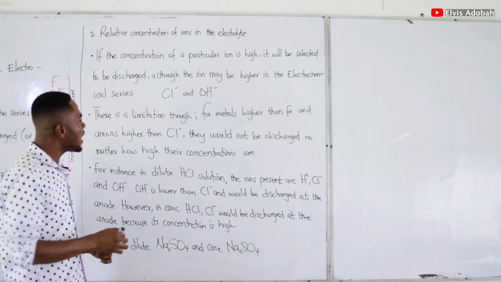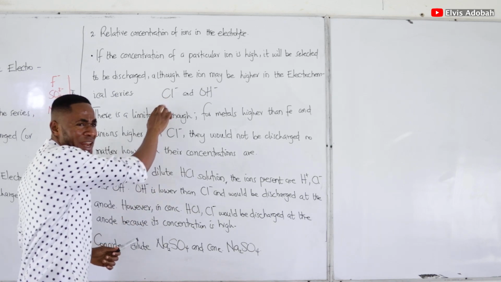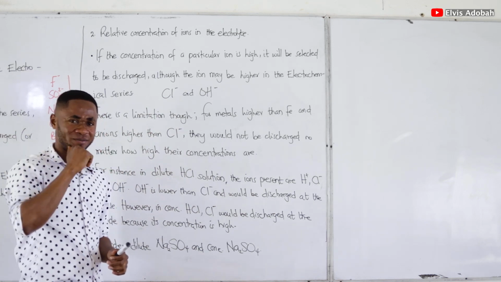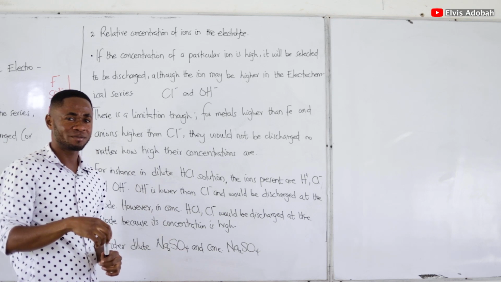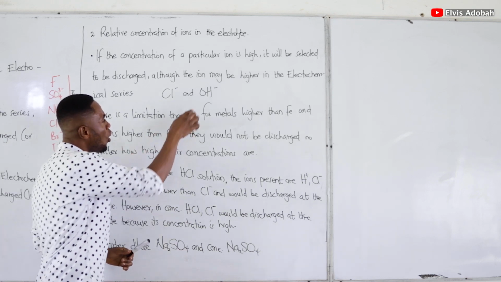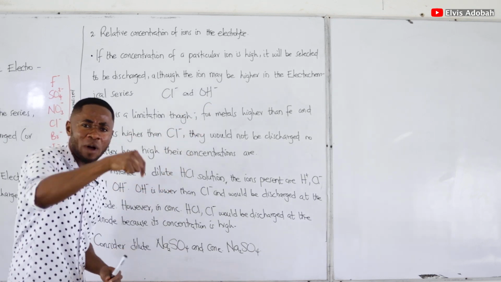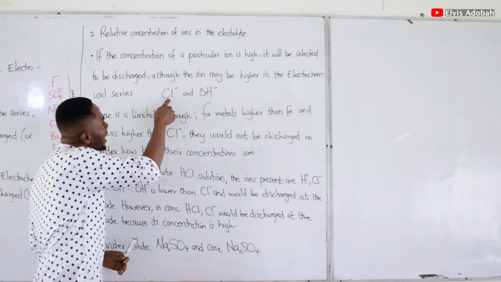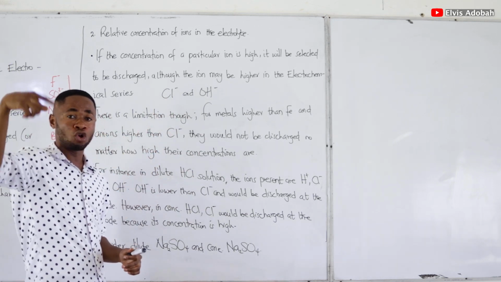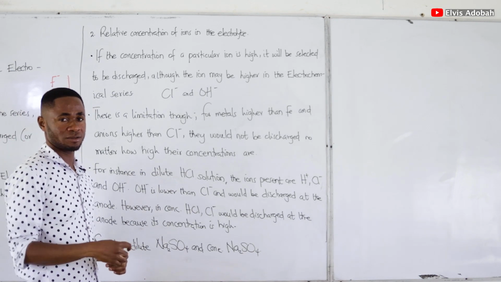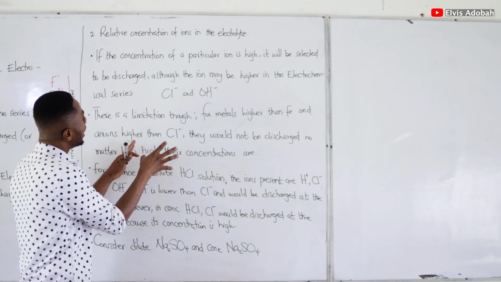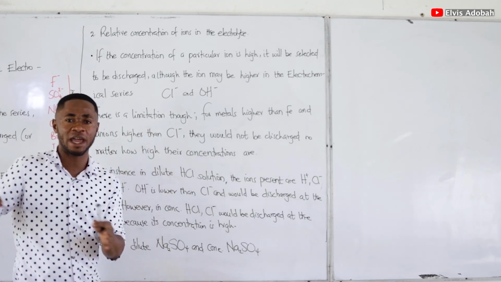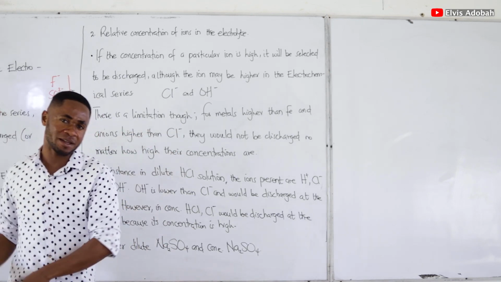However, if the concentration of the chloride ions is high, then we have a problem. Although hydroxyl ion is lower in the series, the chloride ion with a higher concentration will have to be discharged. So this one is serving as a limitation to the first factor.